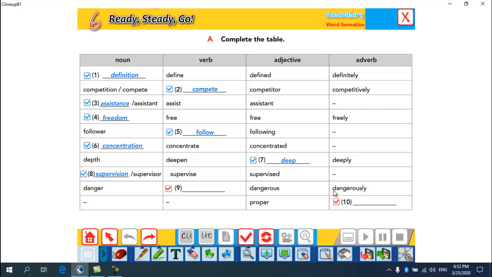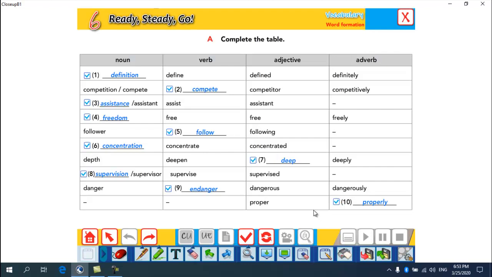What do you guess the verb is? Yeah, in danger. Our last word doesn't have a noun, doesn't have a verb, but it's an adjective and we have an adverb for it. Our adjective is proper. What do you guess the adverb is? Yeah, great, properly.